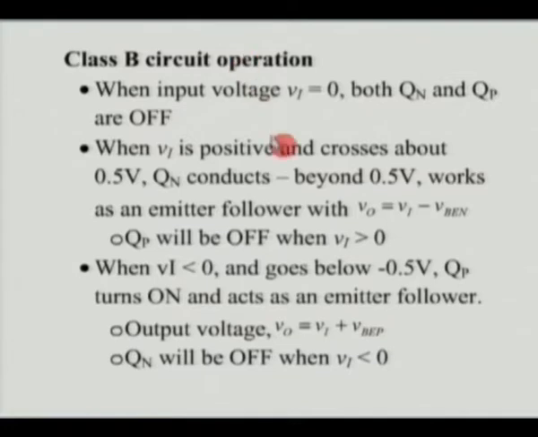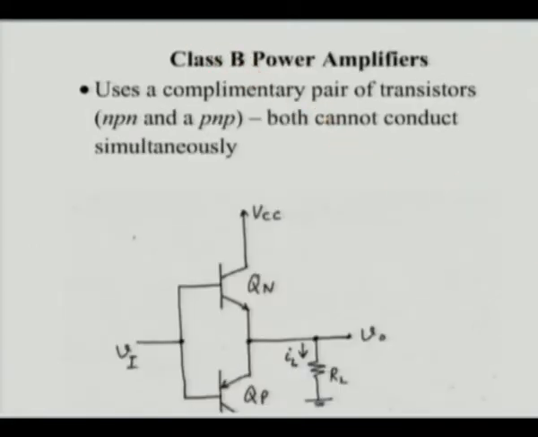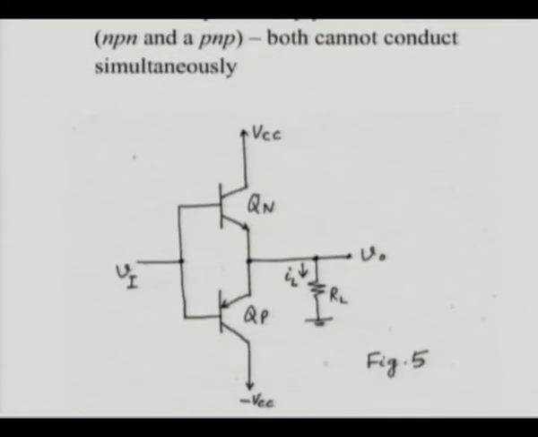Now, let us look at the circuit operation in detail. When the input voltage is 0, both of them are off. As you keep increasing Vi on the positive side, we know that Vb needs at least 0.5 volts.